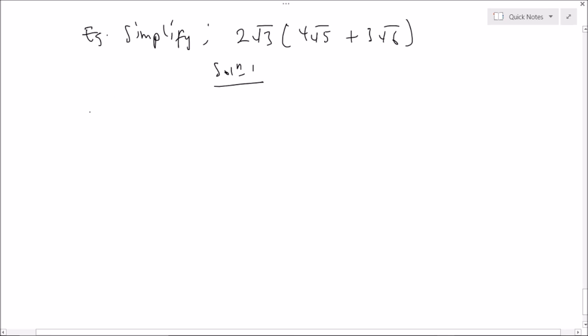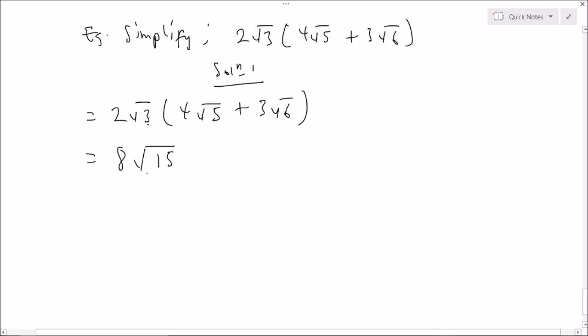So first of all, you multiply 2 times 4, that is, the coefficients multiply first. So you have 2 times 4, giving us 8. Then bring our root sign. Then we have 3 times 5, giving us 15.